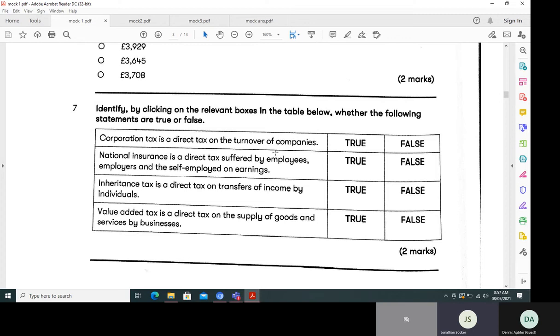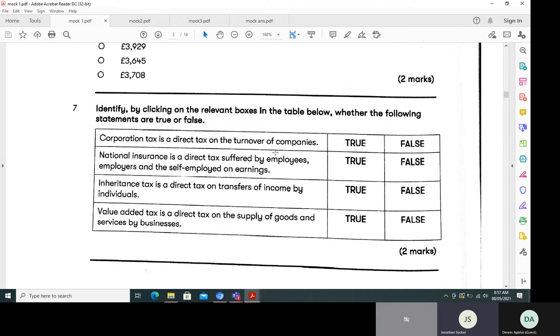Then we get our total profit. Less qualifying charitable donations, then we get TTP. And it's on that TTP we multiply by the 19%. So it's false. It's not on the turnover.